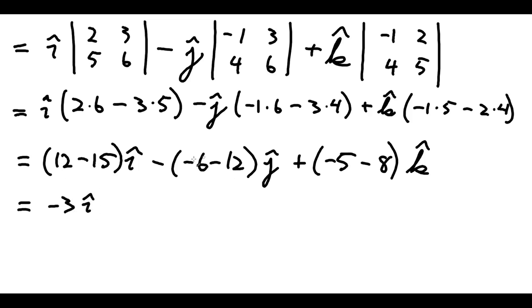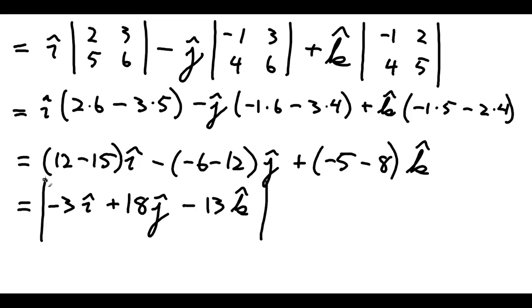Negative 6 minus 12, we have a negative 18, but that is subtraction there, so that is plus 18j. Negative 5 minus 8 looks like a negative 13k. So this appears to be the vector in question.